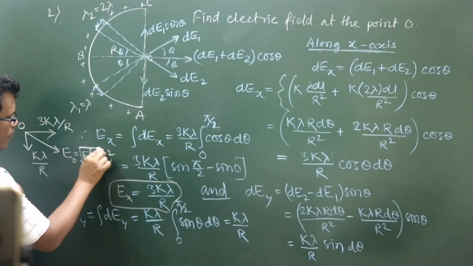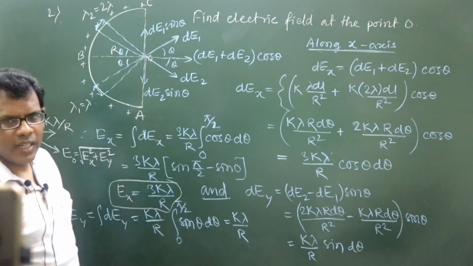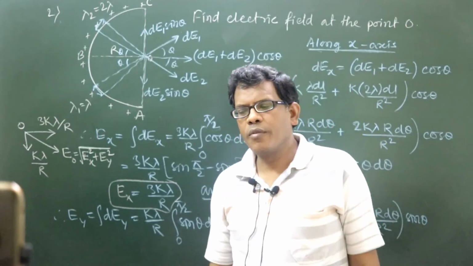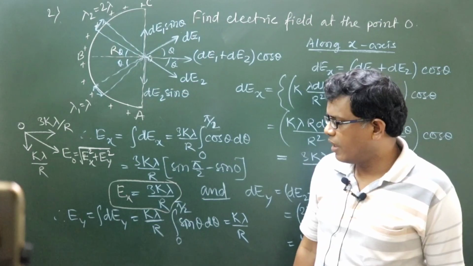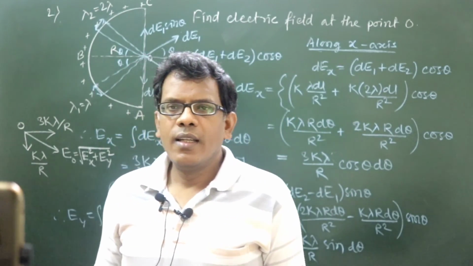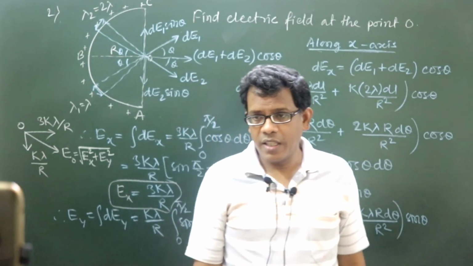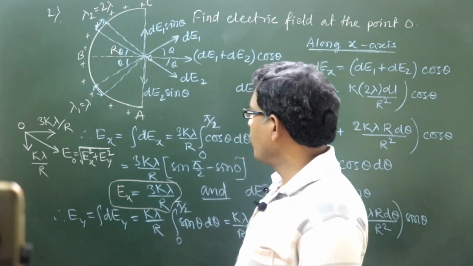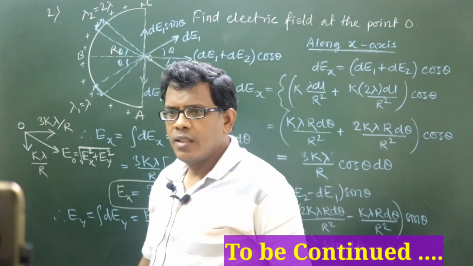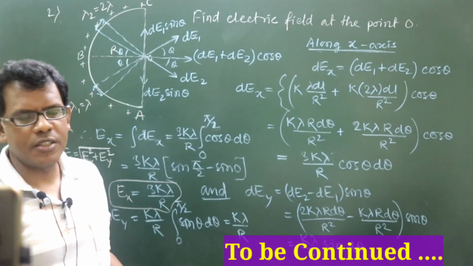Yes or no? The net electric field at O can be found by using Pythagoras, under root of Ex square plus Ey square. Got the derivation, got the way how to get the electric field for different orders of charge distribution.